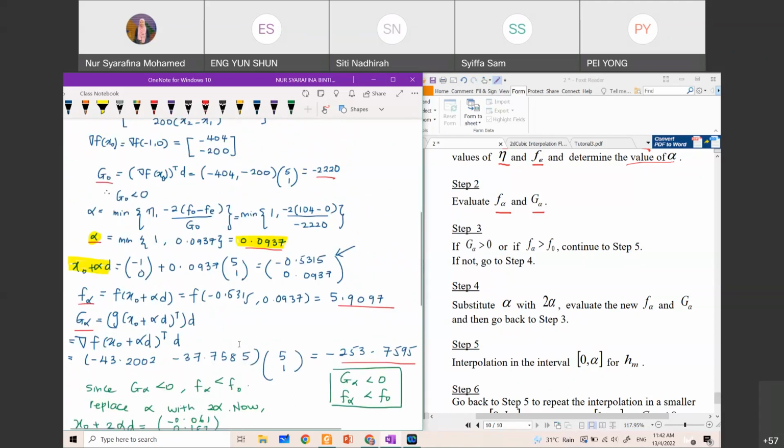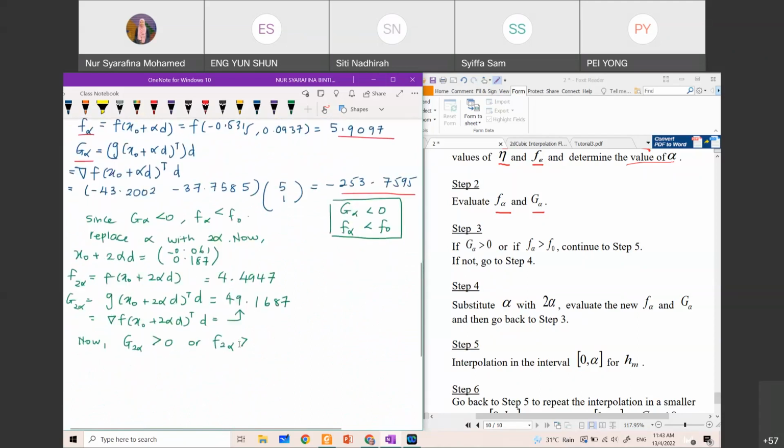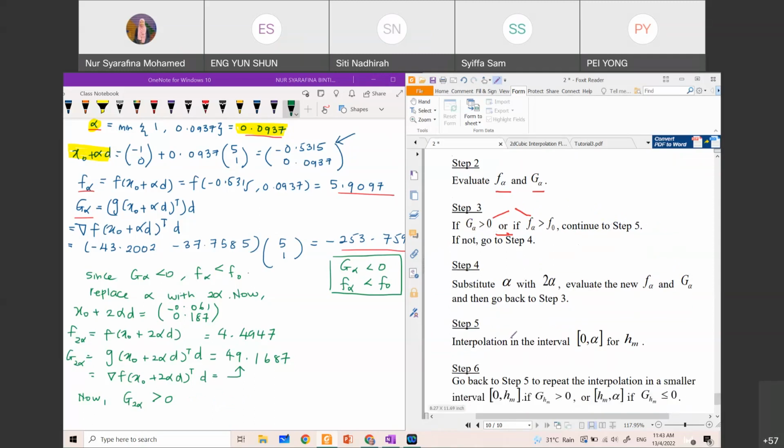Where is your f naught? f naught is 104. Is it greater? No, right? But we only need one, because it is either one. At least one of these two matches, then we can pass it. So now g of 2 alpha is greater than 0. So what's next? If it is greater than 0, continue to step 5, the interpolation interval.